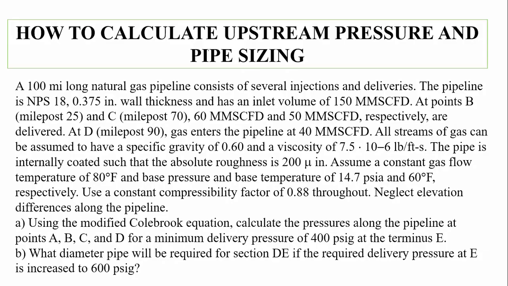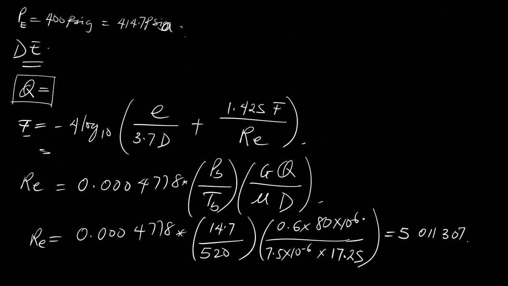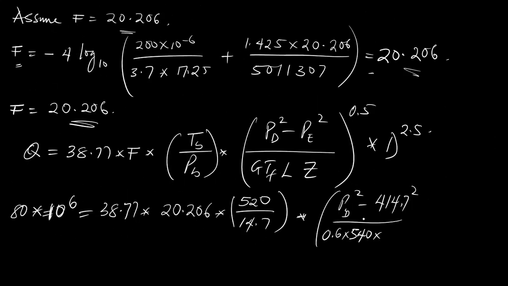The total length of DE is 10 miles times 0.88, which is what they say we should use throughout. That is the compressibility factor raised to power 0.5, times D, which is 17.25 raised to power 2.5.